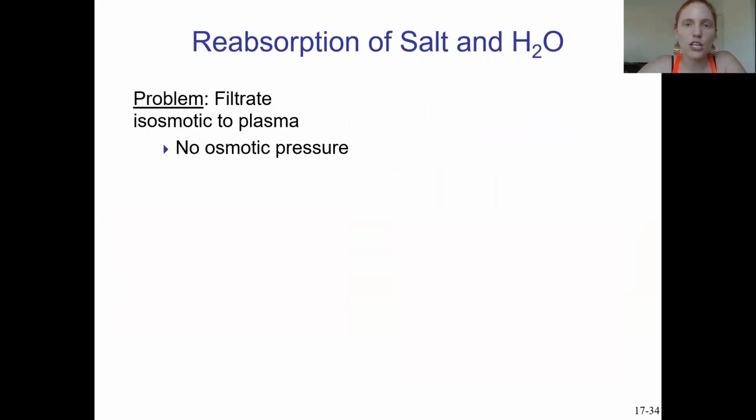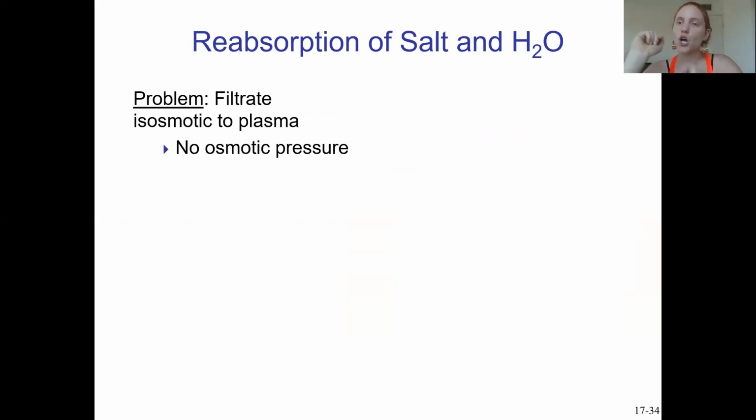Okay. So let's look at how you reclaim water. So if you think about it, you have a liquid, which is plasma. You take that plasma and you force it through the holes. Most of the solutes are going to go along with the water.